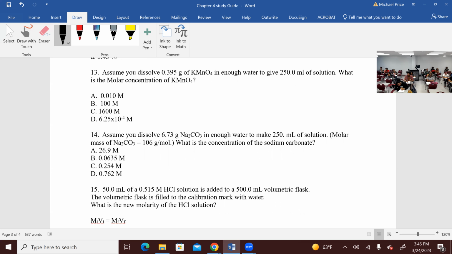I'm surprised I didn't put that up there. When I repost this later tonight, I'll put the molar mass of potassium permanganate, because I have to calculate it.